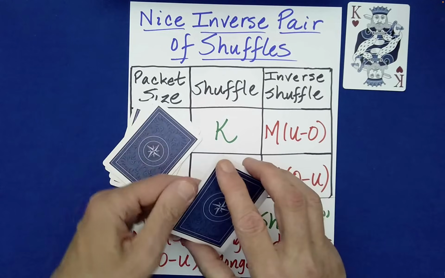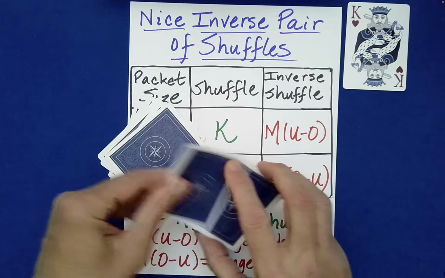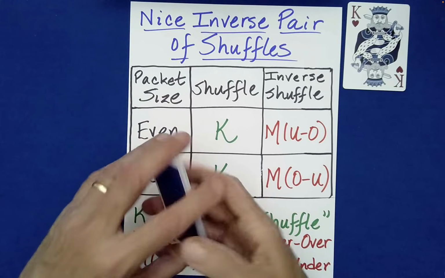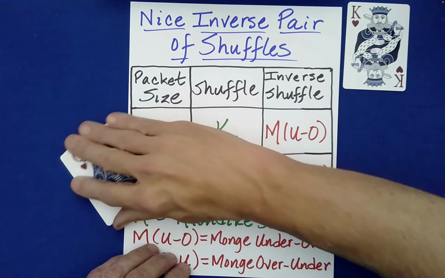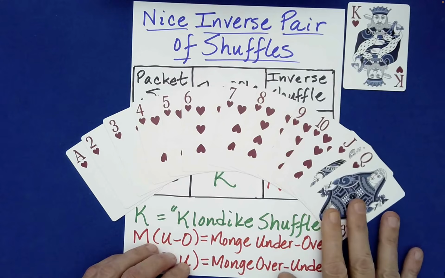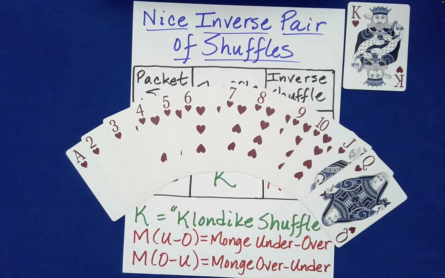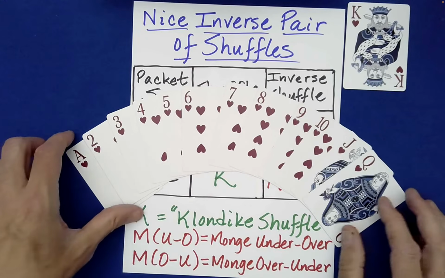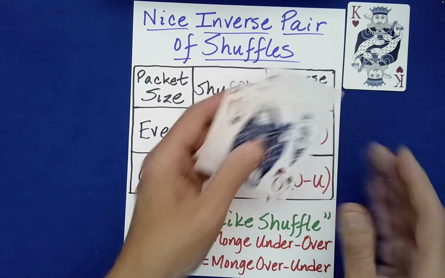Just think through how valuable it is to have a pair of shuffles that give the impression of mixing the cards beyond anyone's knowledge, when in fact you know exactly what the total effect of those two shuffles is on the packet. That is very valuable information to have. So that's the Monge under-over followed by a Klondike.